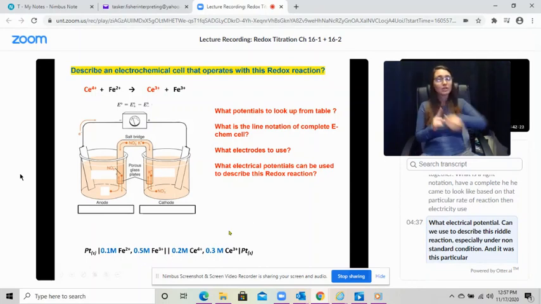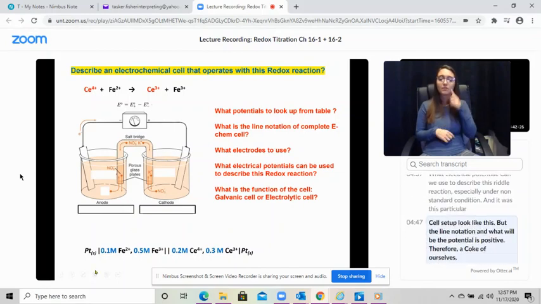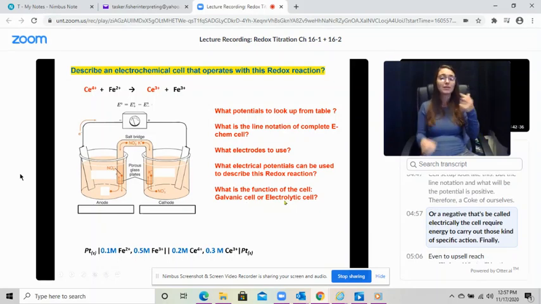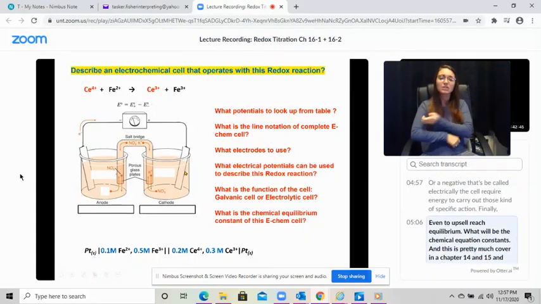And with this cell setup and line notation, will the potential be positive, and therefore we call it a galvanic cell, or negative, which means it is an electrolytic cell that requires energy to carry out that specific reaction? Finally, if two half cells reach equilibrium, what will be the chemical equilibrium constant? This is pretty much covered in chapters 14 and 15, and here I give you a summary of what it looks like.